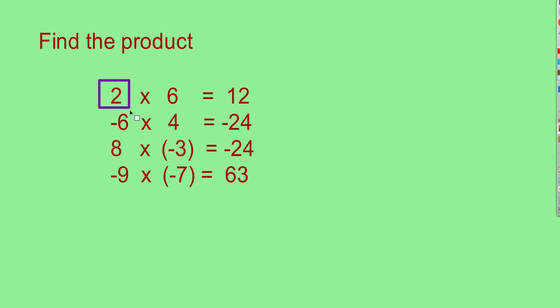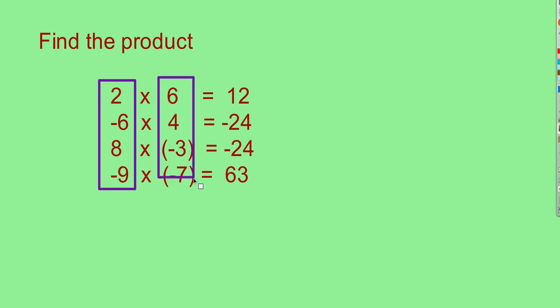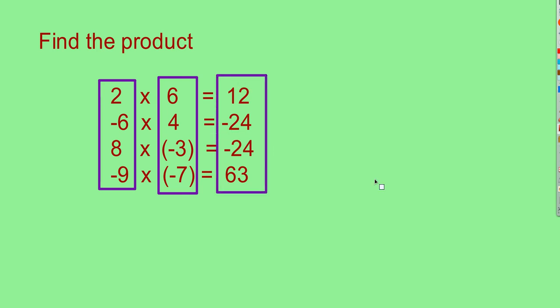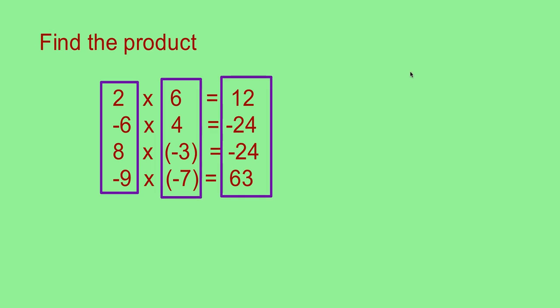Here you can see these all are integers. Again you multiplied another set of integers, and the answer you got is again an integer. That means if you multiply any two integers, the product is again an integer only.